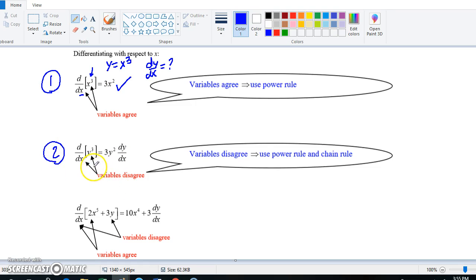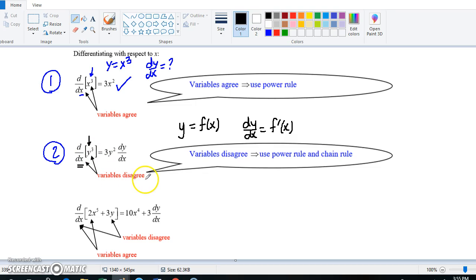Number two says y cubed is our function. Okay, so think about this. Whenever we talk about y, it has been a function of x. If I want to take the derivative of y, then the derivative of y with respect to x is f prime of x. In this example, I want to differentiate with respect to x. My function is in terms of y.